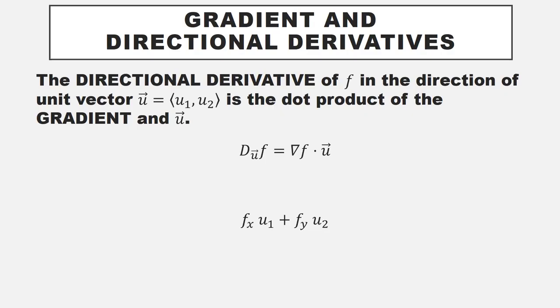If you think about what the gradient is, it's f sub x, f sub y. When I do a dot product, it's f sub x times u1 plus f sub y times u2. So I get the dot product of the gradient and the unit vector.